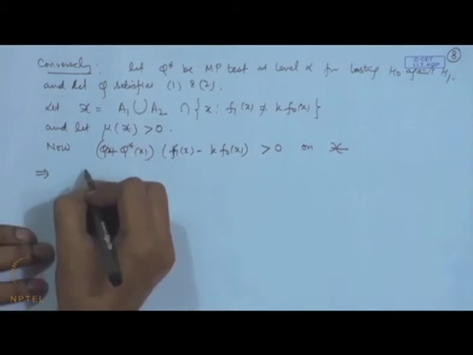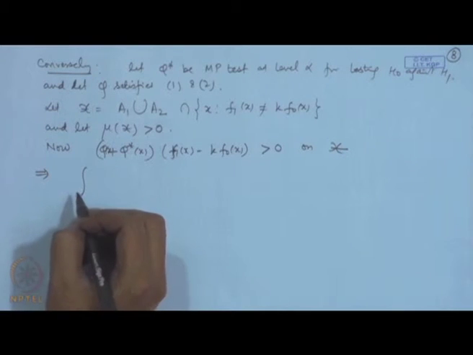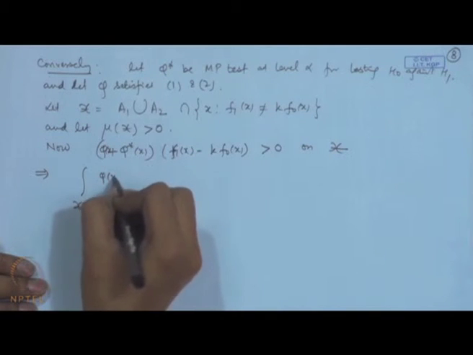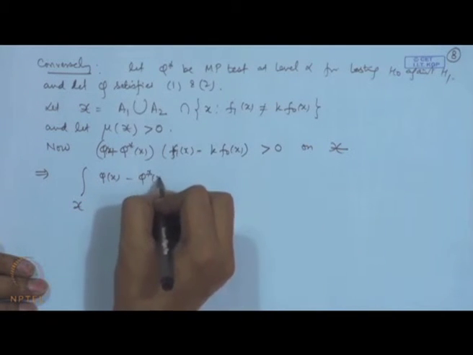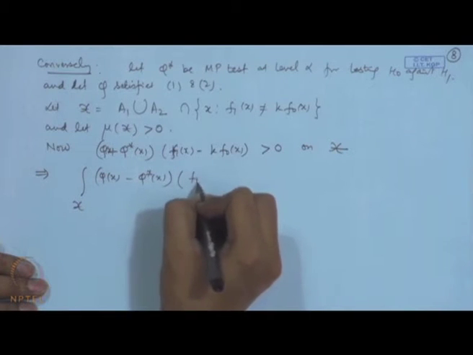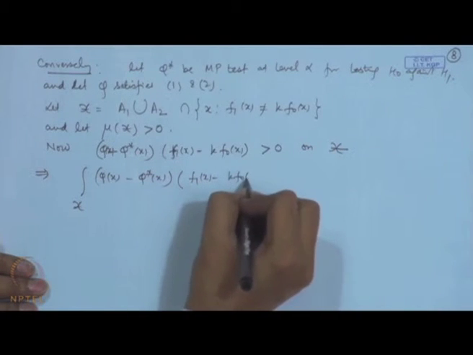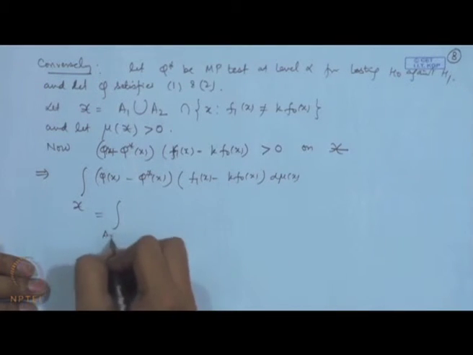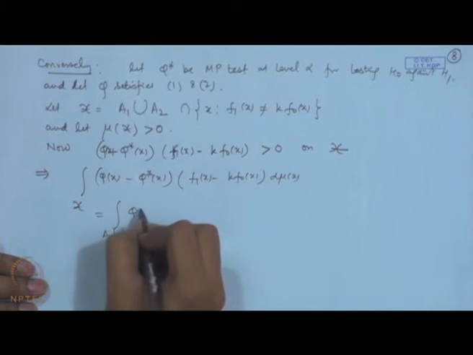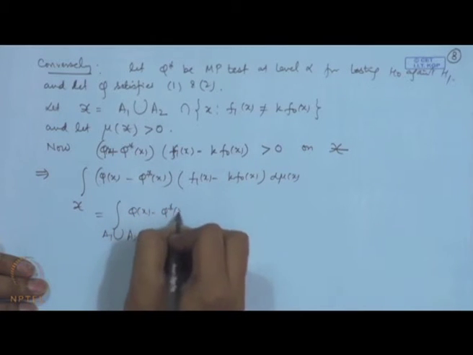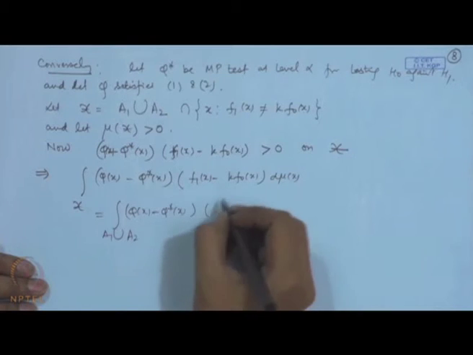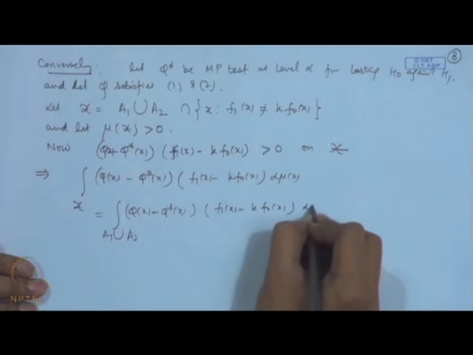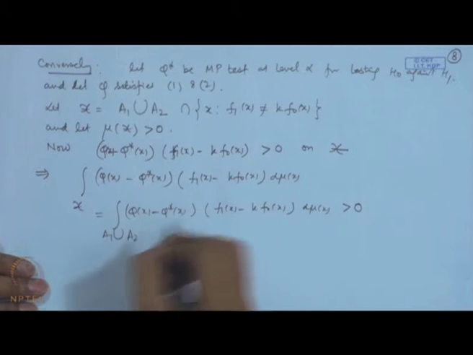So, this will imply that the integral of phi x minus phi star x into f1 x minus k times f naught x, that is equal to the integral over A1 union A2 of phi x minus phi star x into f1 x minus k times f naught x, is greater than 0.